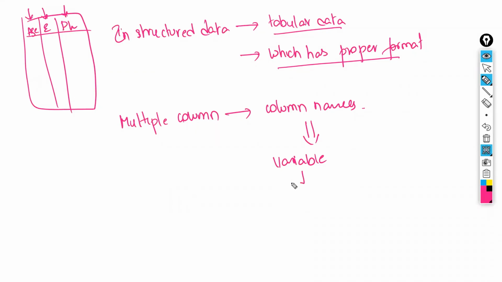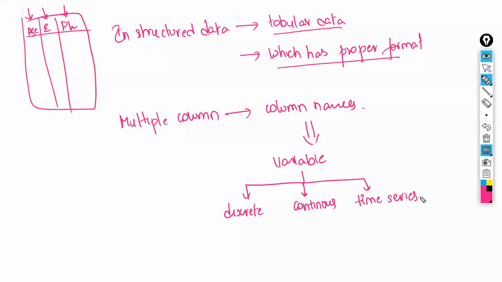Generally, in structured data, the variable will be of three types. The first one is the discrete variable. The second one is the continuous variable. The third one is the time series variable.